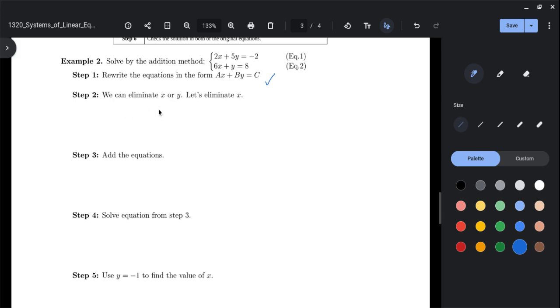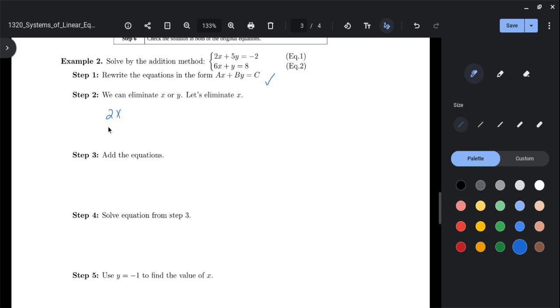Step 2, we're going to eliminate x or y. And I am actually going to choose to eliminate x. You could do y, it does not matter. You should get the same answer in the end. So let's go ahead and we are going to multiply in equation 1.